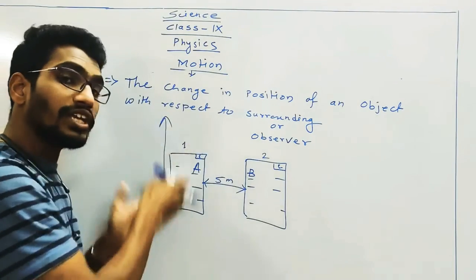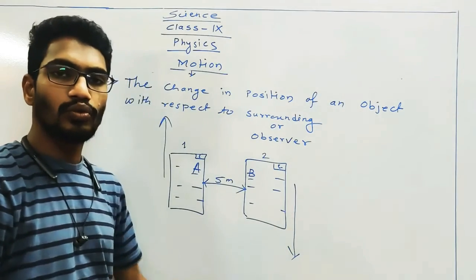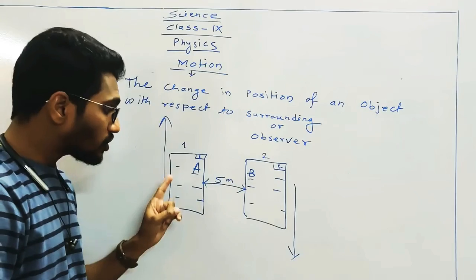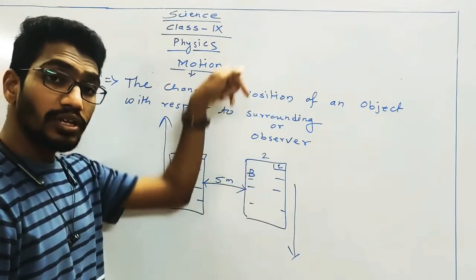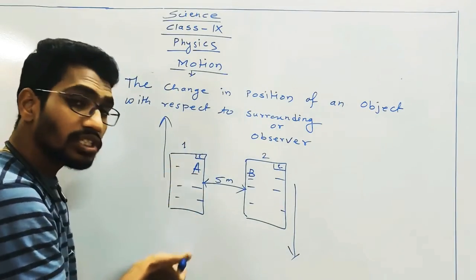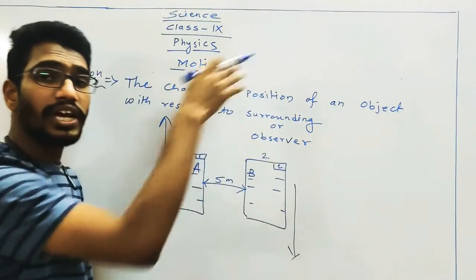So बस नंबर 1 के लिए बस नंबर 2 कहाँ जा रही है? पीछे. नहीं ना सर, अभी तो वो रेस्ट में ही है. नहीं, with respect to bus 1. For bus 1, B moves in backward direction. For bus 2, bus 1 moves in forward direction, bus 2 moves in backward direction.